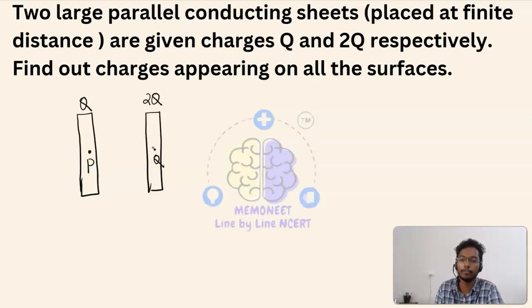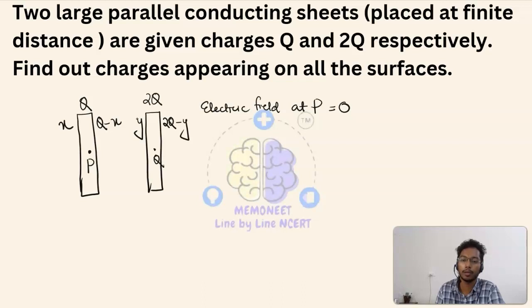The electric field at P will be 0, because the electric field inside the conductor will be 0. So what are the charges present on the surfaces of the conductor? Let's say this is x, this will be q minus x, okay, and let's say this will be 2q minus y, okay.